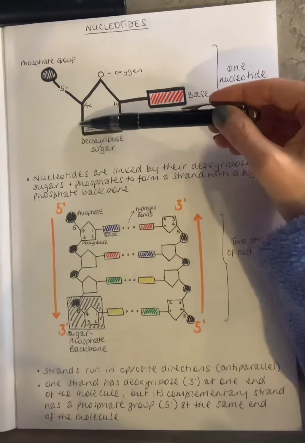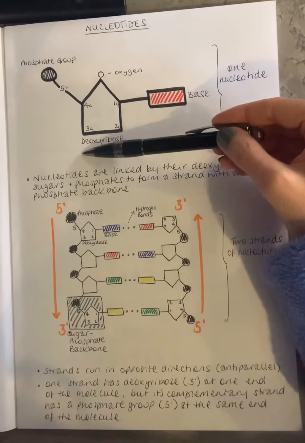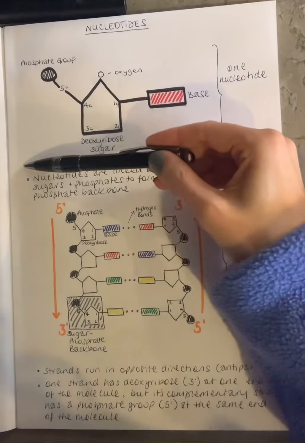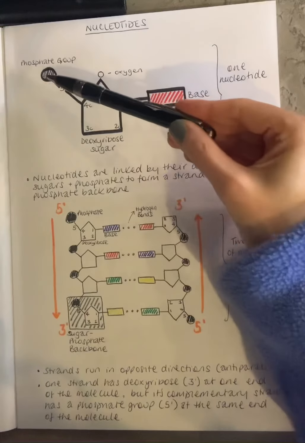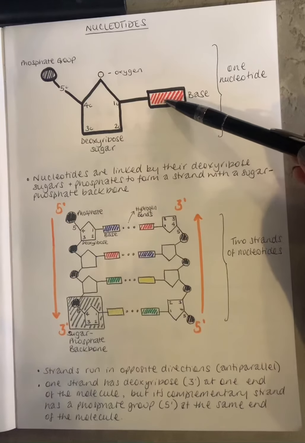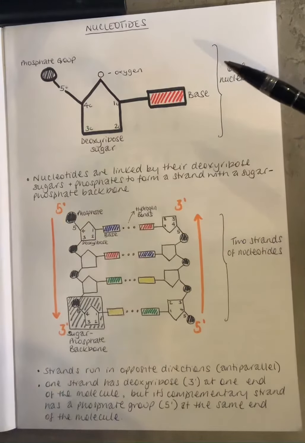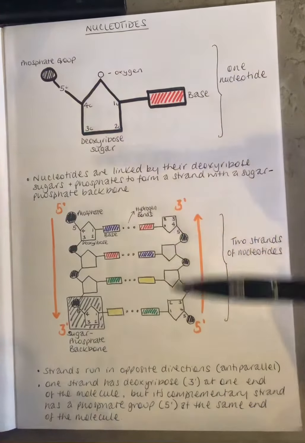So what will happen is you'll have your 3rd carbon, so your 3 end, and then the other strand will be in the opposite way. So the basic structure of a nucleotide is a phosphate group, a deoxyribose sugar, and then a base, and that base can be either adenine or thymine or guanine or cytosine. So this is one nucleotide.